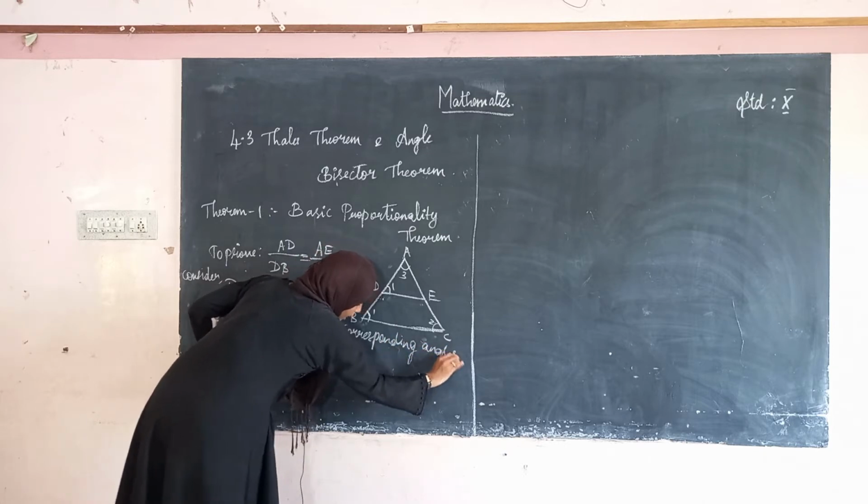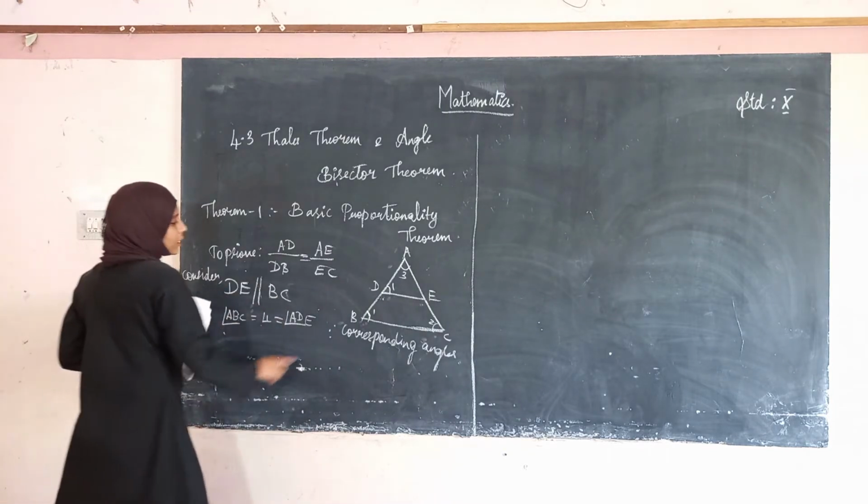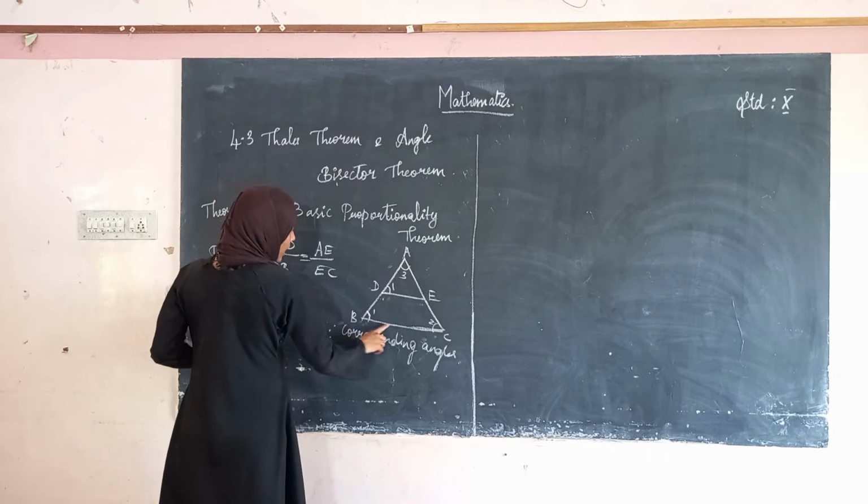In your book they have given the statement and the reason: corresponding angles are equal. Since DE is parallel to BC, these both are corresponding angles.